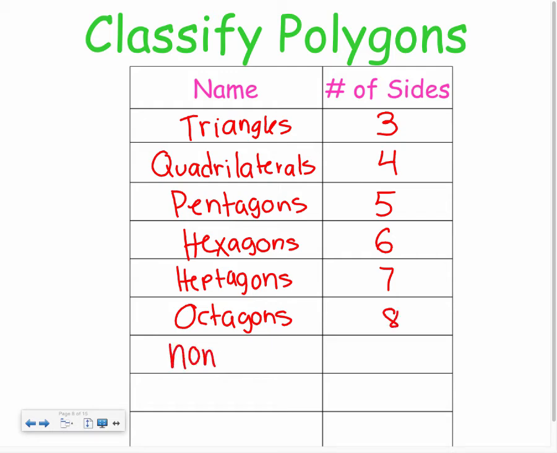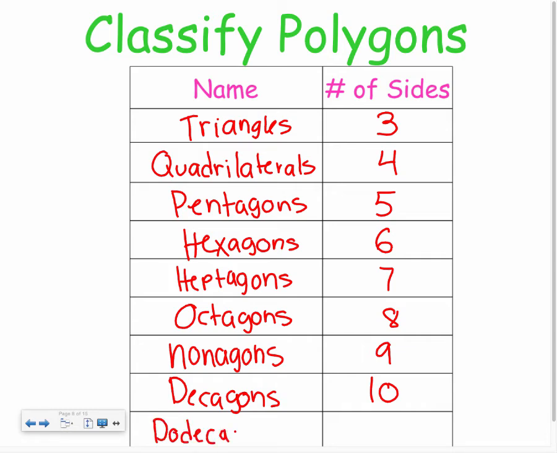Nonagons have 9 sides each, and decagons have 10. The last one that we have beyond 10 that has a specific name is called a dodecagon, that has 12 sides.